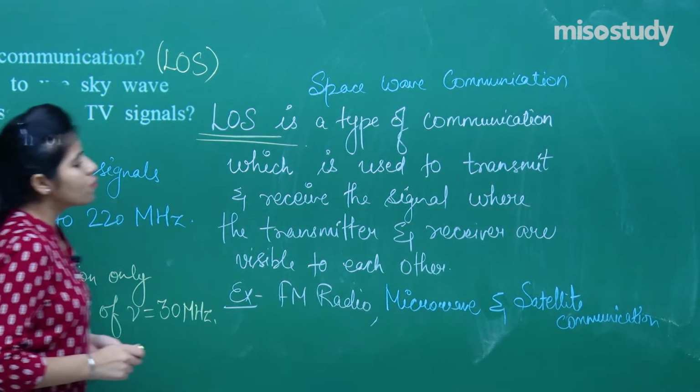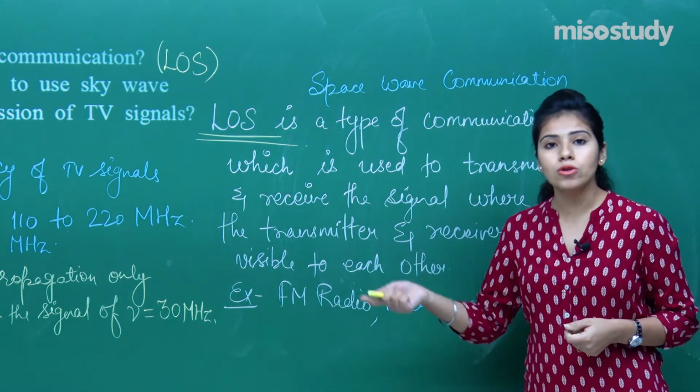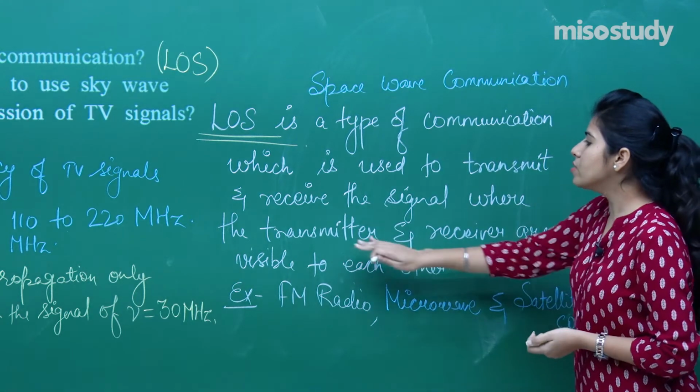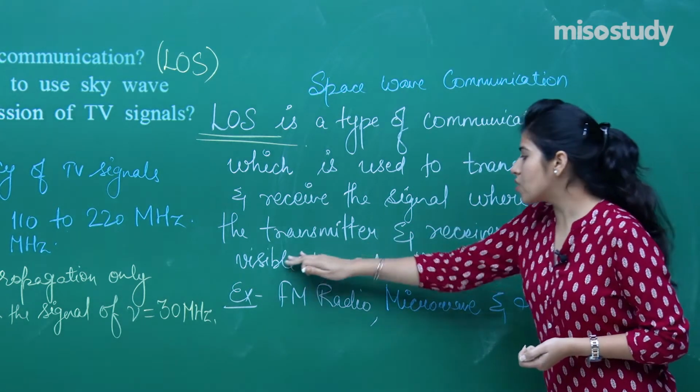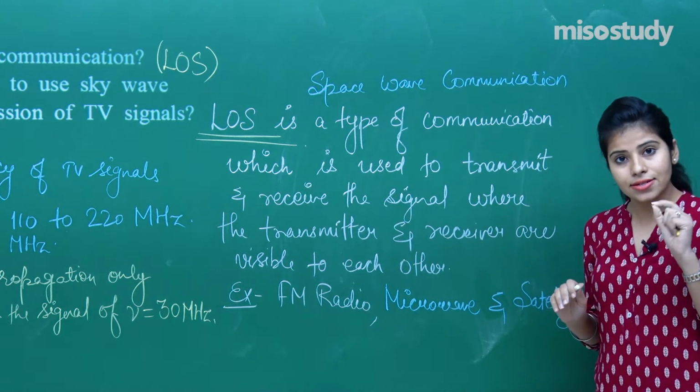Okay. So if you would have taken note of this, let me start telling you the next question. But before going to the next question, just take a note over here. We have written that the transmitter and receiver are visible to each other. Yes, that is correct.